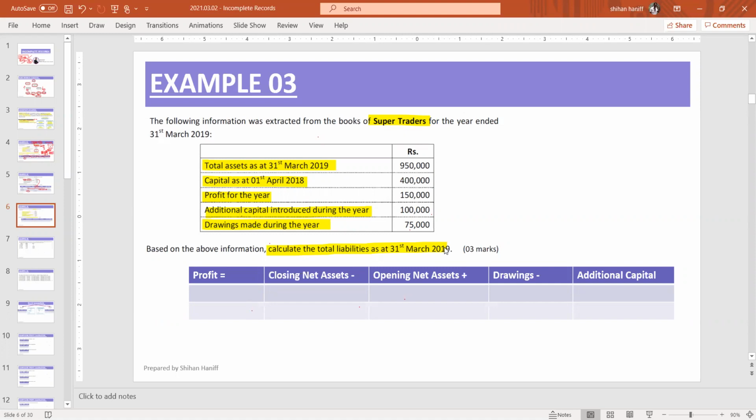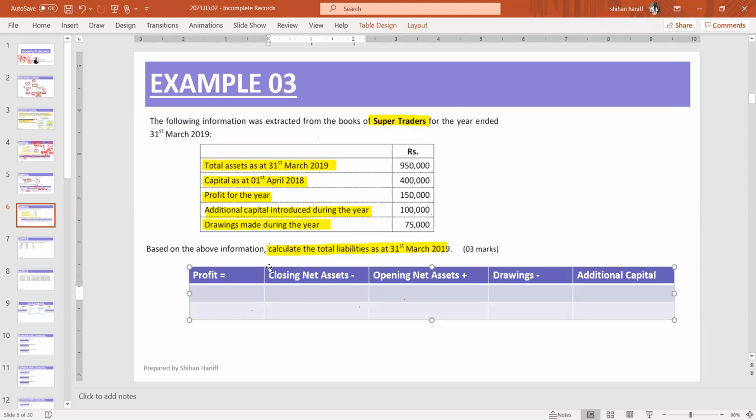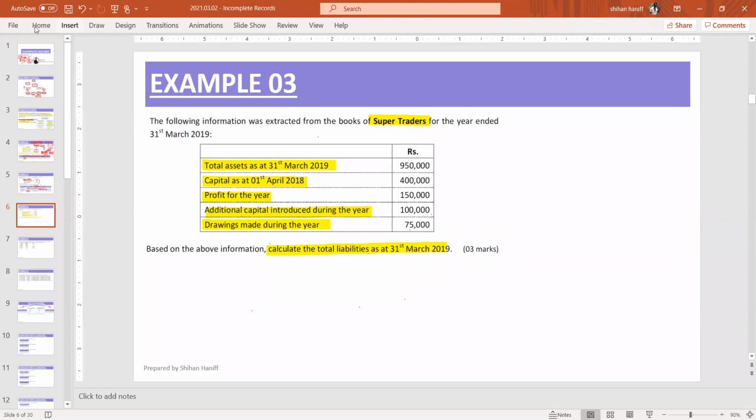What is the answer? Profit is given. We will write it.